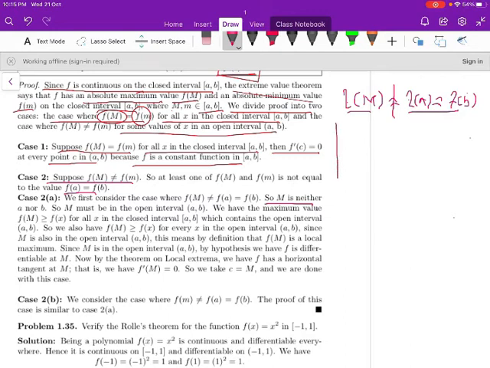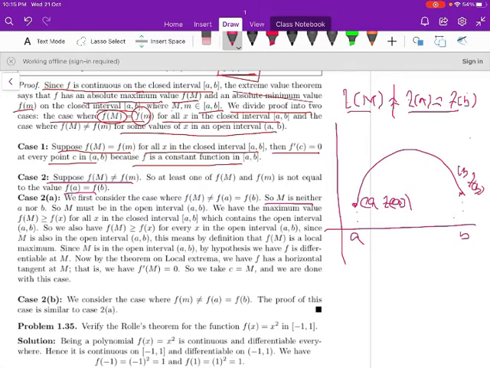For example, let us consider the graph here. Take a function. This is a, this is b, this is a comma f of a, this is b comma f of b. Here f of a and f of b are equal.